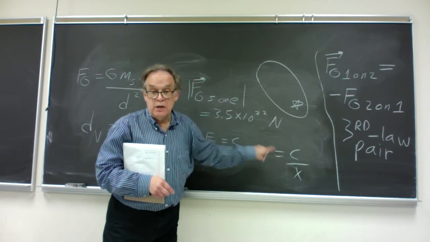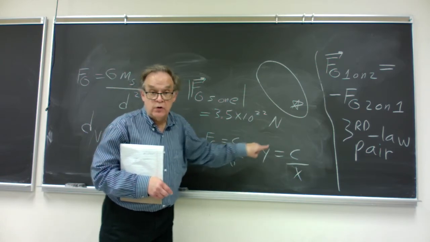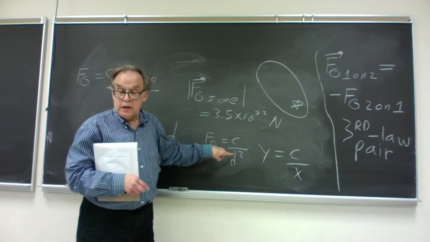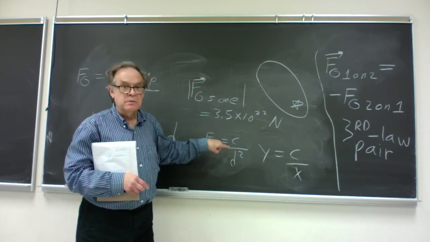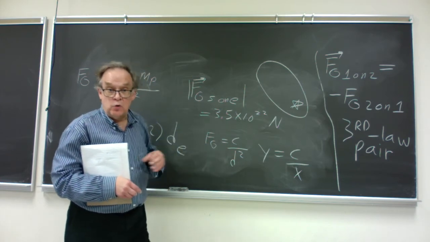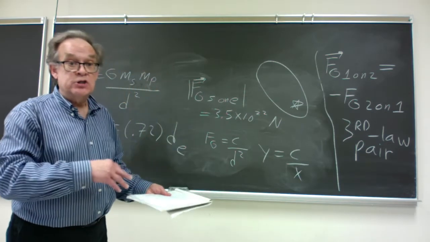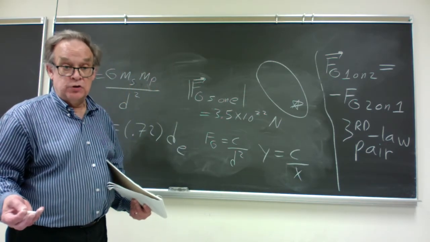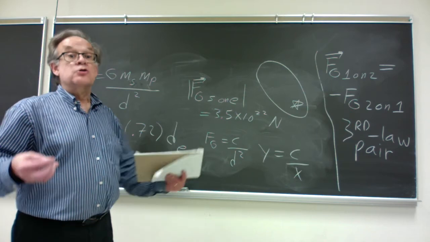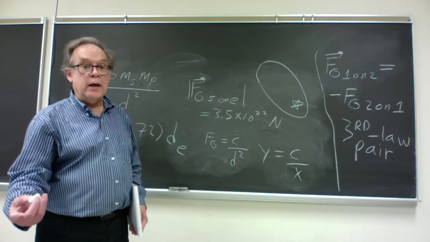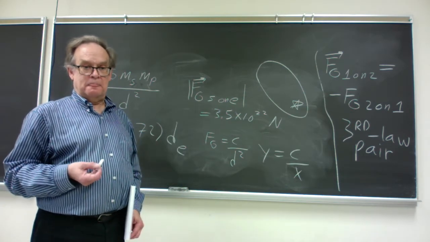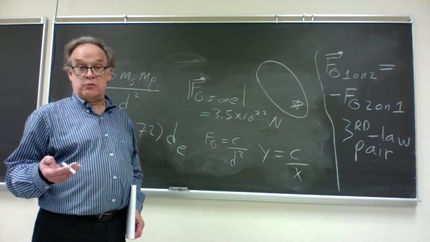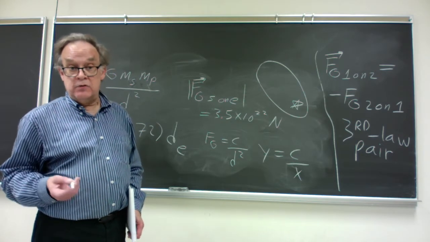Whatever is in the denominator is inversely proportional to the other variable. Not d, but d squared, is in the denominator, so d squared is inversely proportional to force. If we know how d squared changes, we can see how the force differs between Earth and Venus.